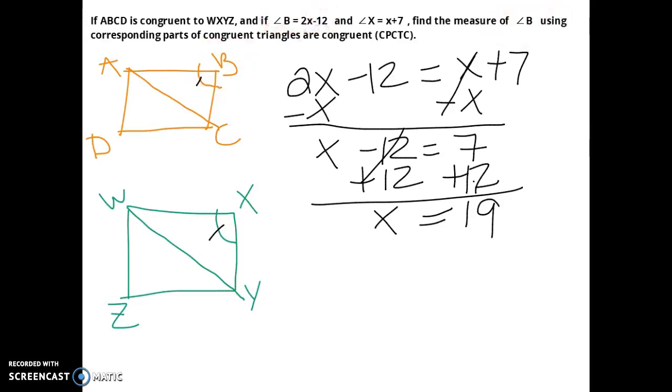And angle B in this case is 2x minus 12.